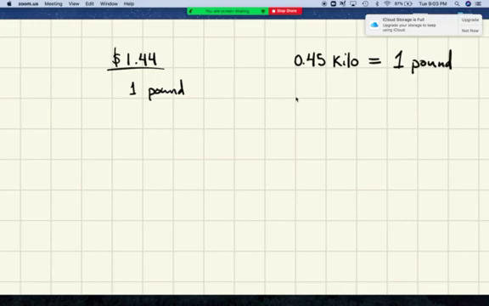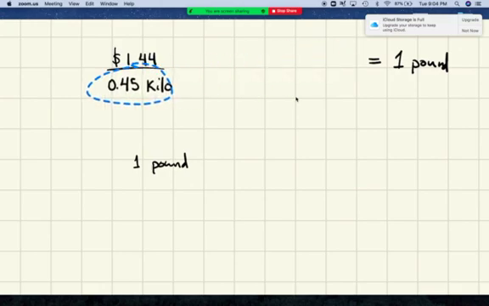Yep. So if these two things are equal, well, that's just like saying 1 pound is equal to 0.45 kilograms.